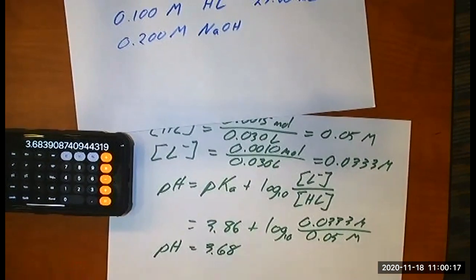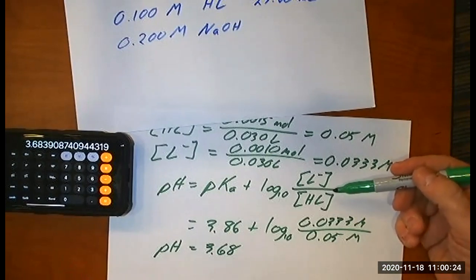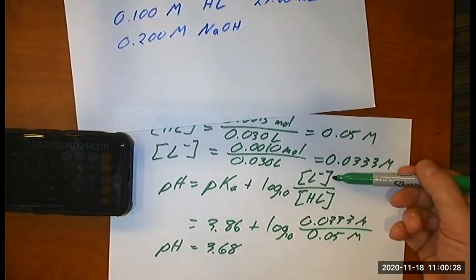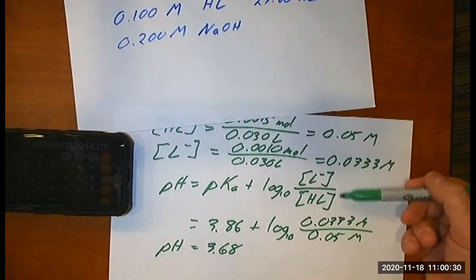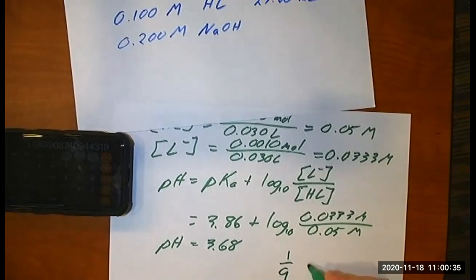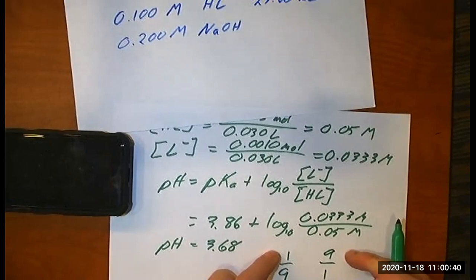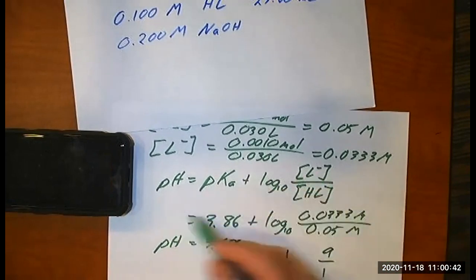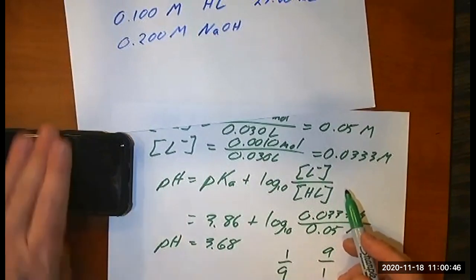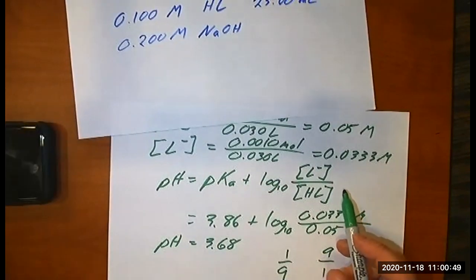Somebody says, can I explain the 10-90 and 90-10 ratio again? So the idea is that in the case where the ratio of these concentrations is between 1/9 and 9/1, when it's in that range, this equation is an acceptable way to calculate the pH.